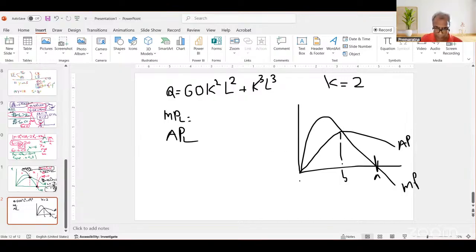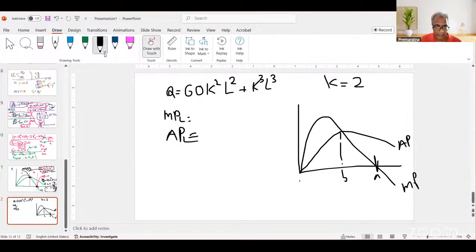With that, you can find the labor at the first boundary and the second boundary, and these 3 stages clearly.